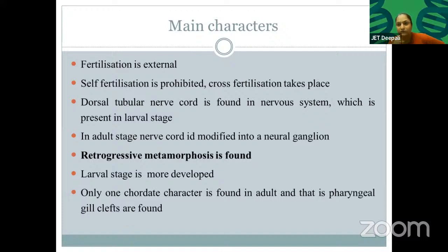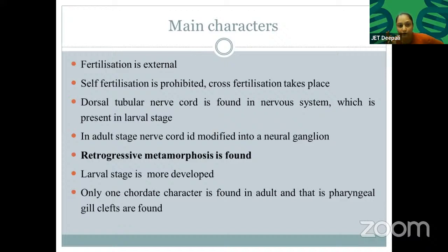Because of the metamorphosis, they lose all their chordate characteristics. This is called retrogressive metamorphosis. The larva is highly developed, and the adult is less developed. The developed organs are lost during the metamorphosis.